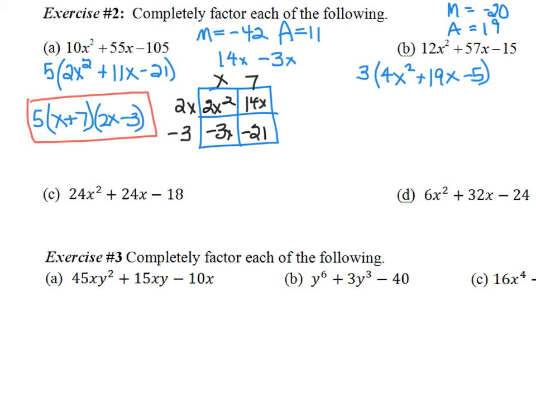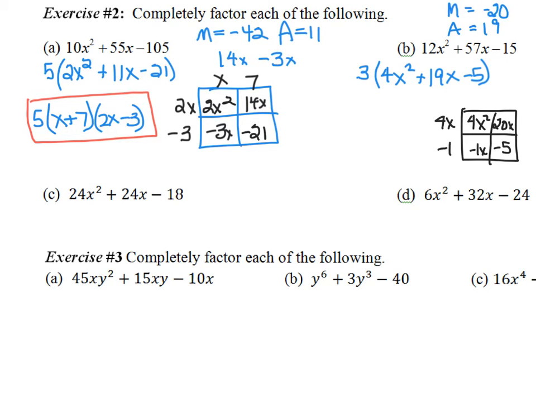So let's go right to our box here. I'm going to have a 4x squared, a negative 5, and the combination that adds to 19 and multiplies to negative 20 is going to be a positive 20x and a negative 1x. From my first row, I'm going to take out a 4x.